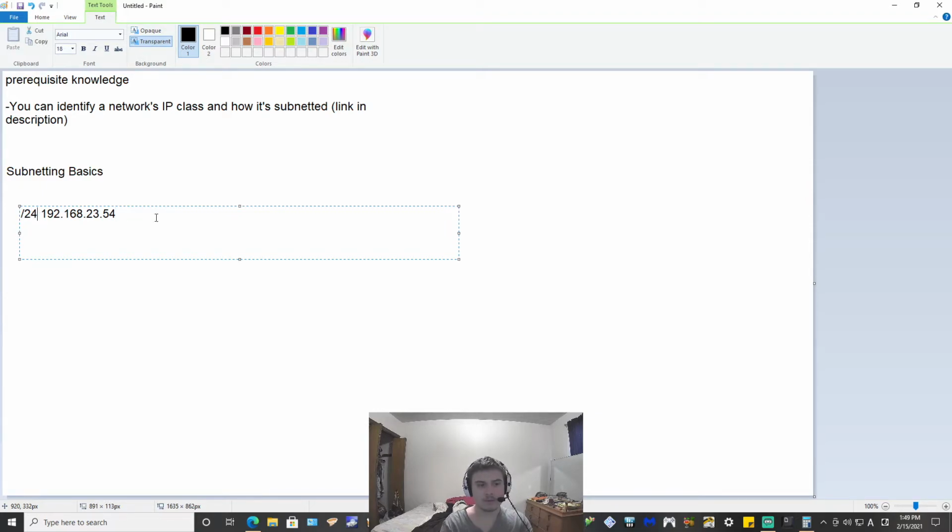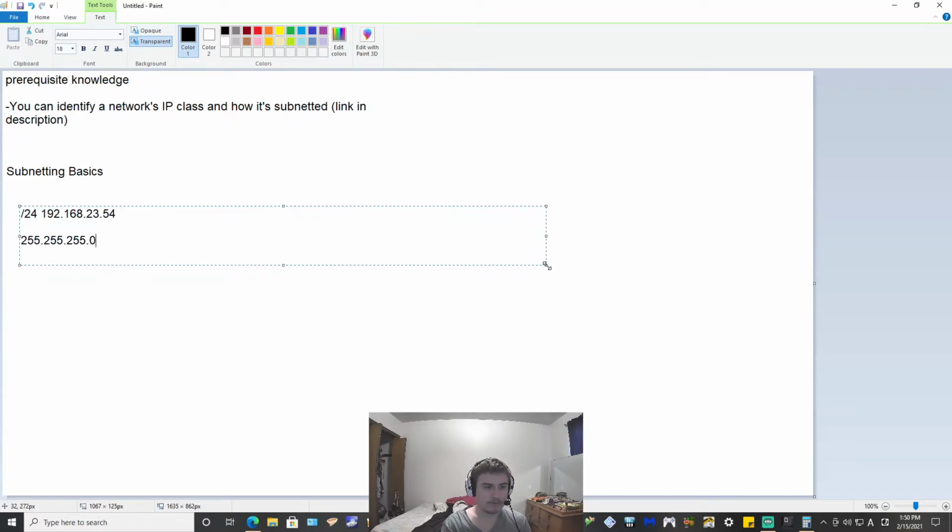What a /24 subnet mask looks like, if you were to write it out almost like a network address, is 255.255.255.0. So when you see /24, what that means is that the subnet mask is 255.255.255.0.